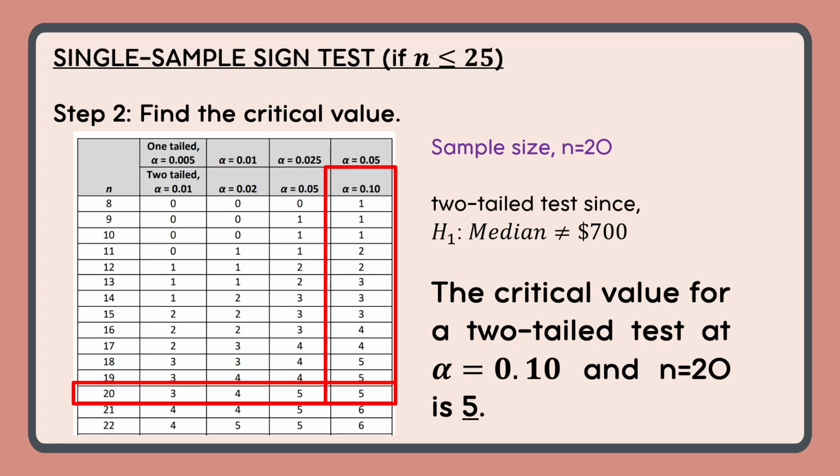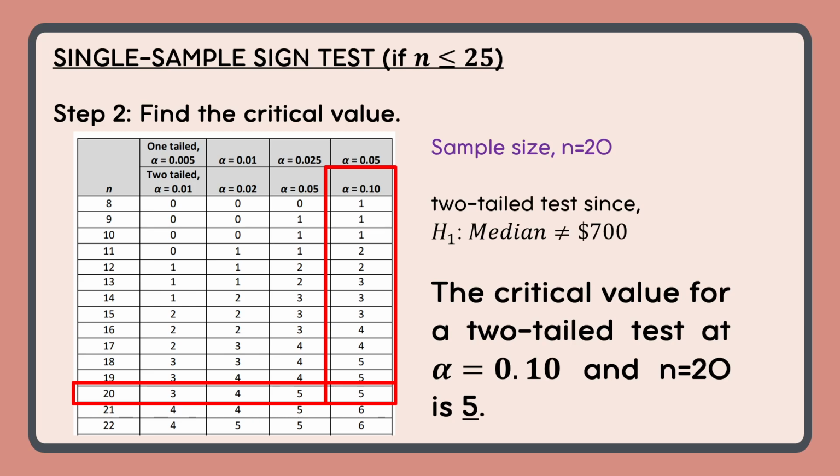We have to identify first what kind of test is being used based on the symbol of our alternative hypothesis. Since the symbol of our alternative hypothesis is not equal to, this means that this is a two-tailed test.